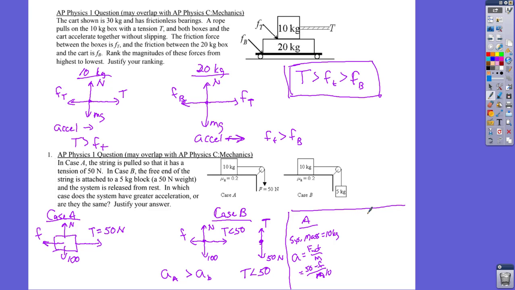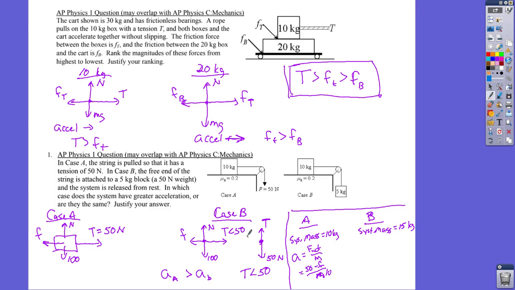If we look at case B, so the system mass, if we consider the system to be the two blocks together, the system mass is equal to 15 kilograms. So the net force on the system, when you look at these two diagrams, these two tension forces are internal forces, so we don't have to worry about that.